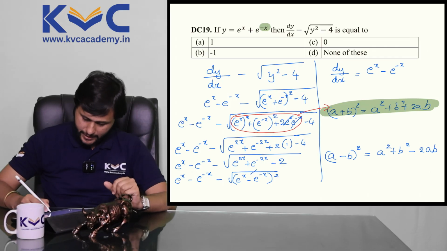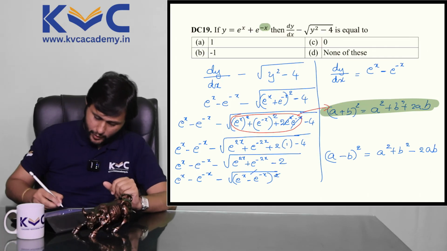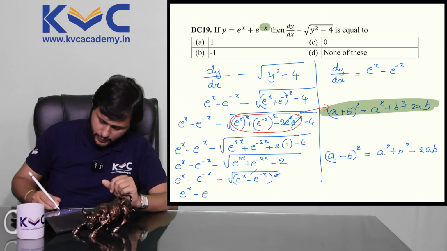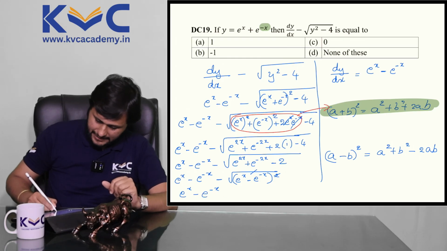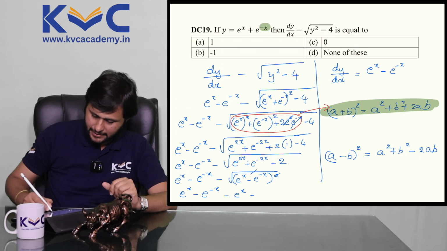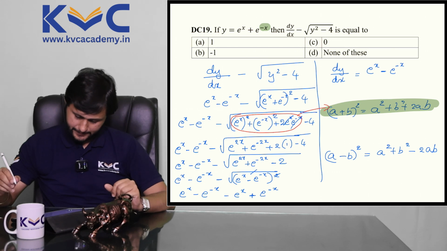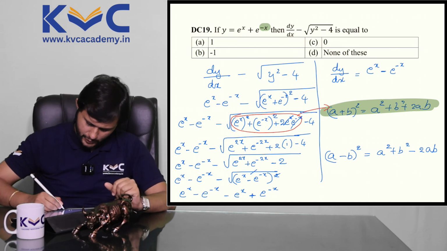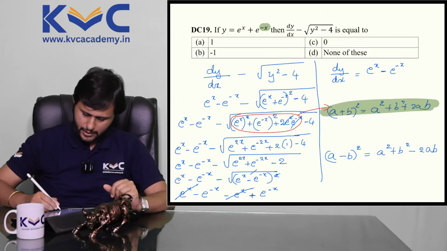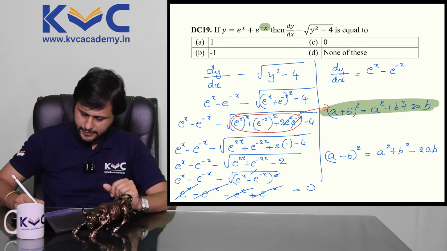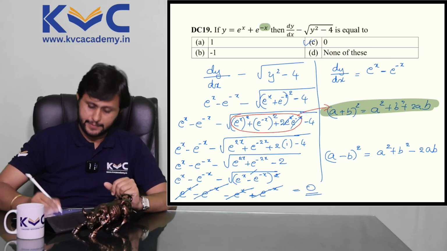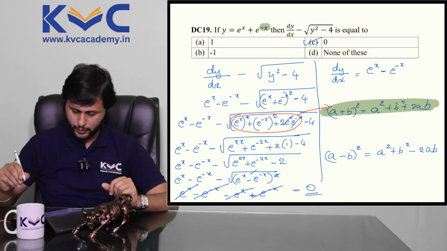Now if you see, square and square root cancel, what remains is e to the power x minus e to the power minus x minus e to the power x is remaining inside minus e to the power minus x. Is it minus? No, plus, because the minus sign is outside. So what remains? e to the power x positive, e to the power x negative, negative, positive, everything cancelled. Answer is 0.